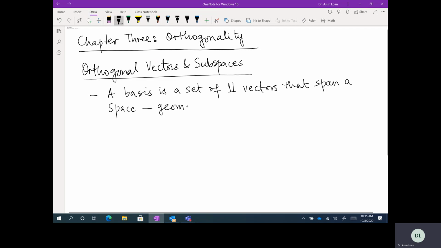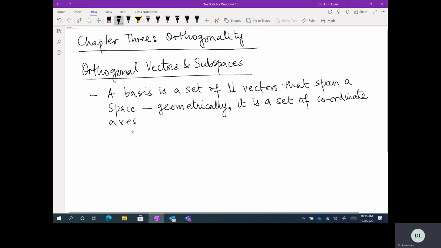Geometrically, it is a set of coordinate axes.